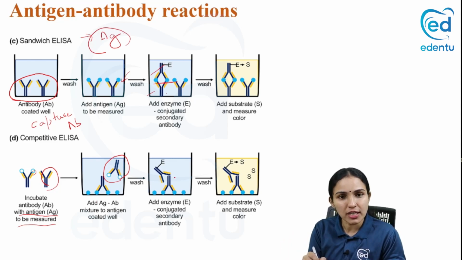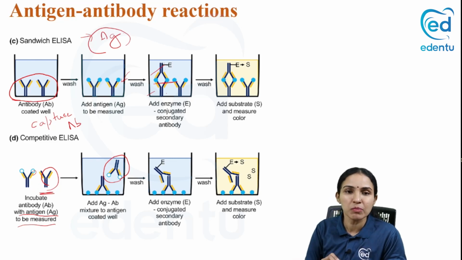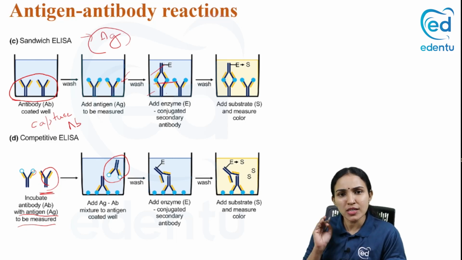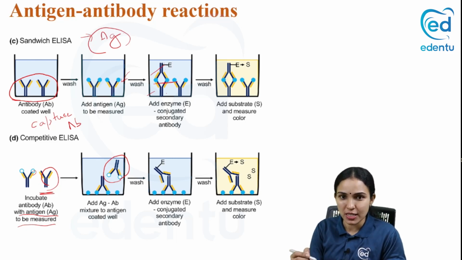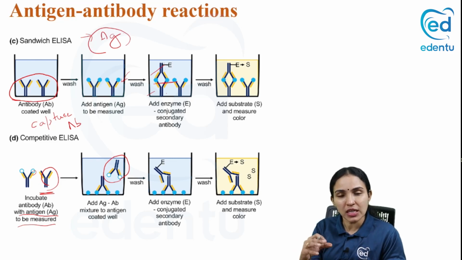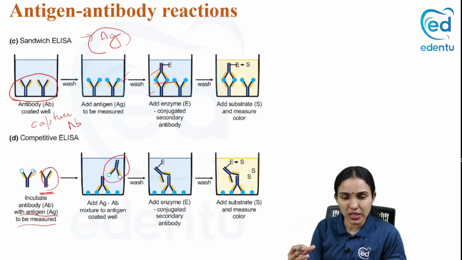You add the secondary antibody conjugated with enzyme, you add the substrate, you get the color, but this color will depend upon how much antibody was freely available in this mixture. So that depends on how much antigen was present in the patient's serum. If the patient's serum contains a high amount of antigens, more of the antibodies would have been consumed.